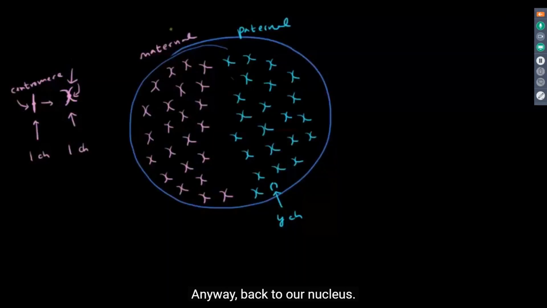Anyway, back to our nucleus. So we have these 46 chromosomes, 23 homologous pairs, and the chromosomes are not necessarily arranged in the way that I drew them. I just drew it that way for the sake of organization. But we have these pairs, and we're going to focus on one pair of homologous chromosomes.